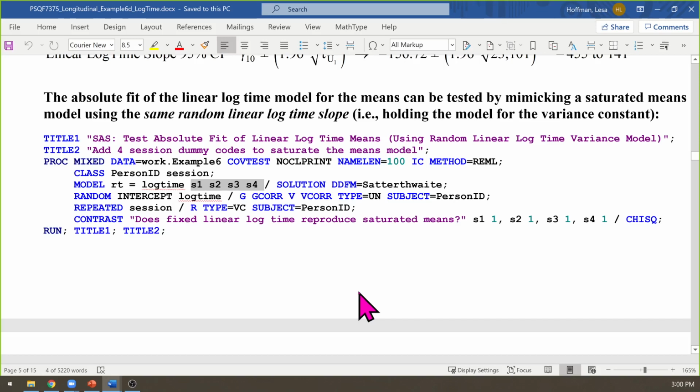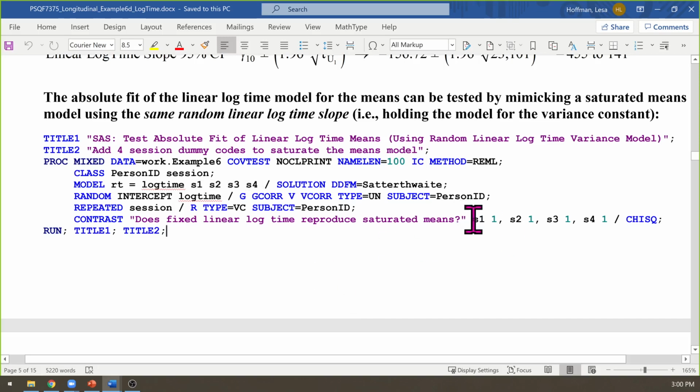Because it's not dividing it up into the 2 segments like before. I still have 6 occasions, but how many parameters are in my model to account for change over those 6 occasions? It's 2. An intercept and log time, so I got 4 to fill in.